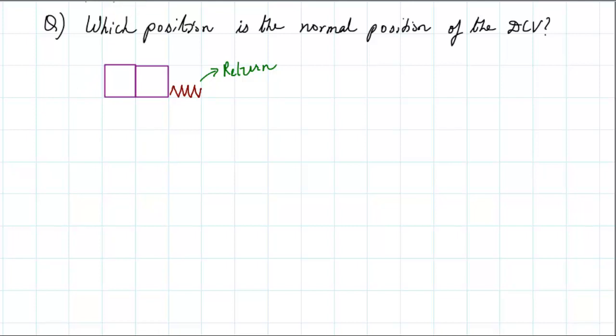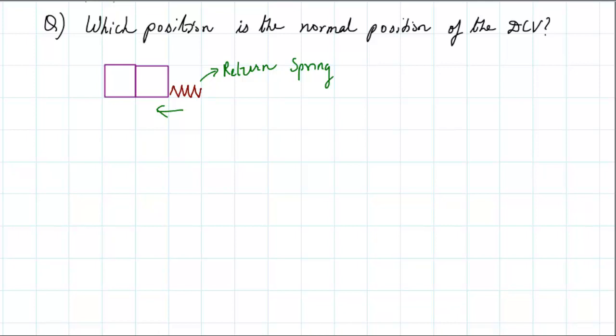When it compresses, the job of the return spring is to provide a force to bring it back to its original shape. The spring will obviously come back to its original shape after it is compressed and left.